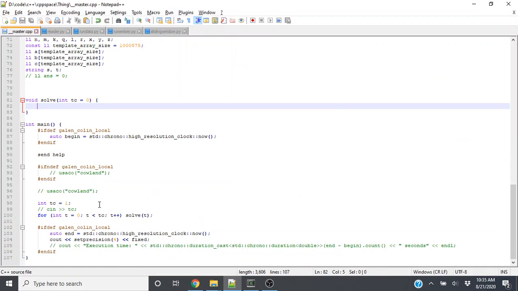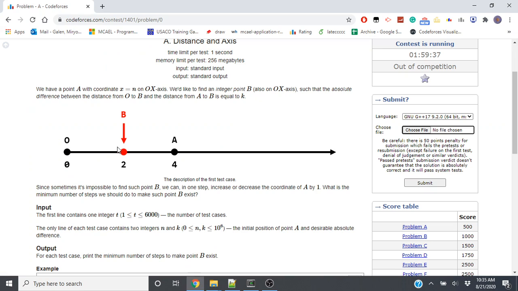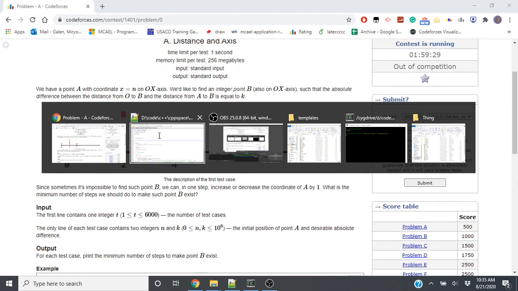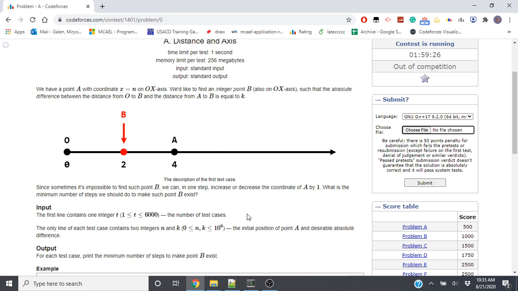Okay, so first reading the number of test cases, just reading the input, then let's see. So we're going to make it so the bigger one is, oh, okay. So n is positive, and I want to make it so the absolute difference between the two distances is equal to k. So let's see.